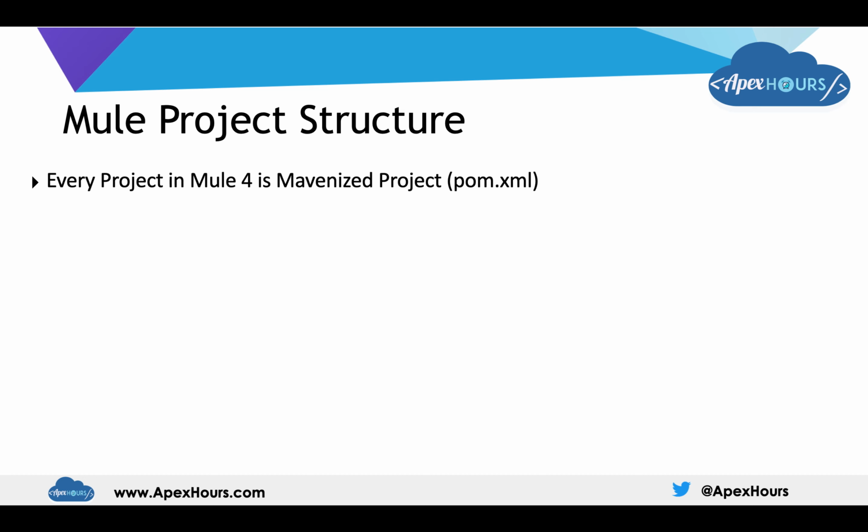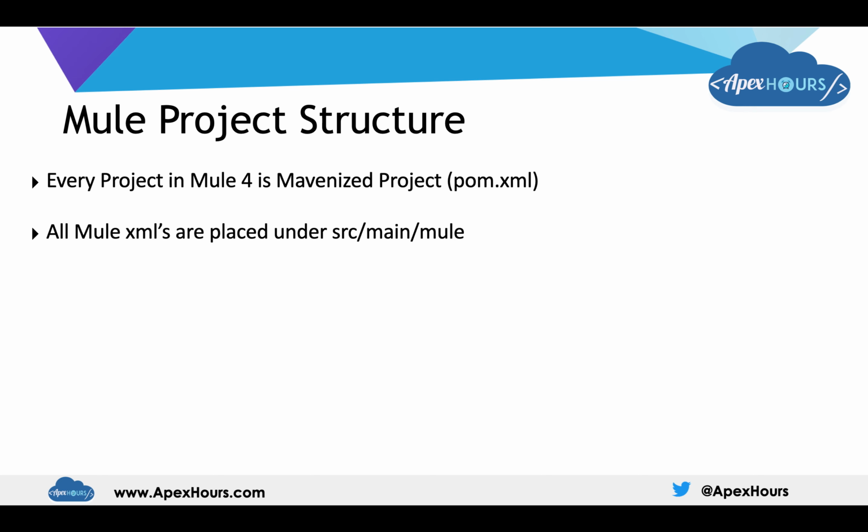When you drag and drop the connectors, the pom.xml is updated automatically. But you have to understand that every Mule 4 project is a Mavenized project, which means it will contain a pom.xml file. Next, all Mule XML files are placed under the source main Mule folder.